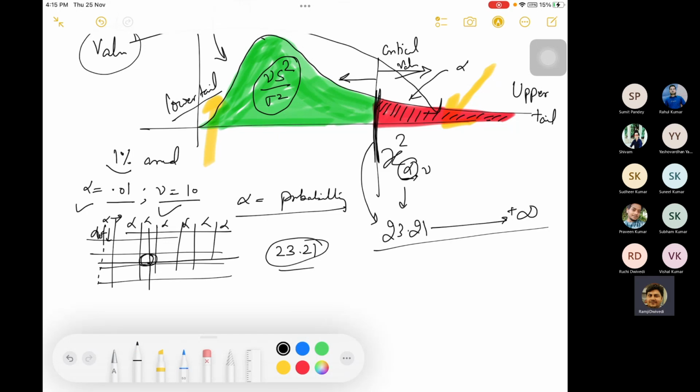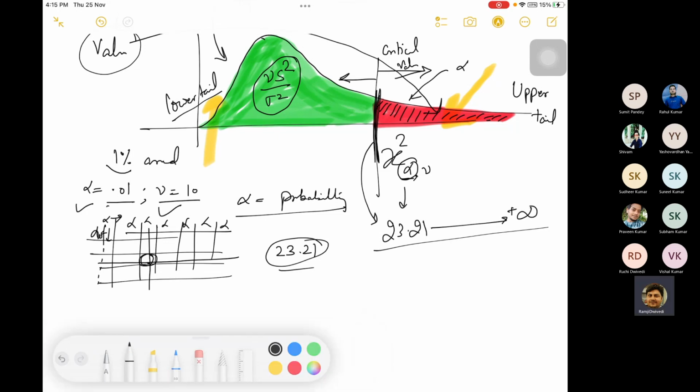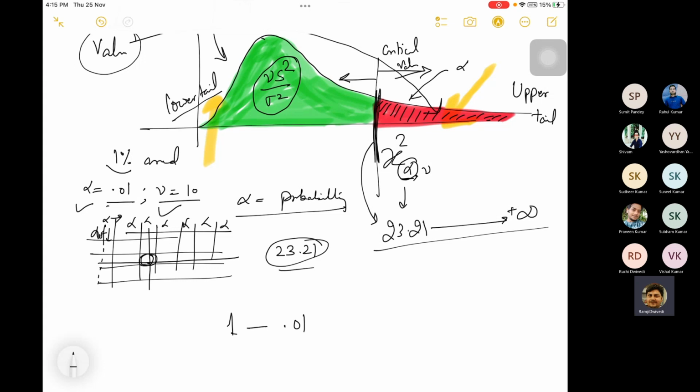Again, the question remains the same. Here we worked with 1% as 0.01, but the whole area under this curve is 1. So 1 minus 0.01, your so-called 1%, would become 0.99. So in the similar table, you have to go ahead with 0.99.